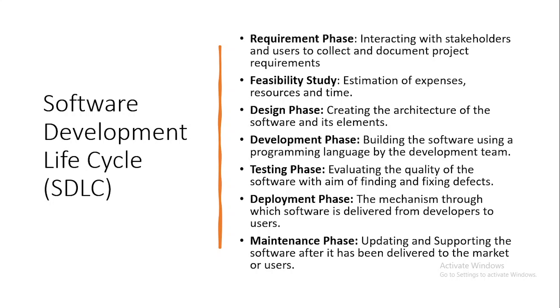The fourth one is the development phase. In this phase, the developers actually start programming and writing the code for the software. Based on the design architecture, the development team can divide the design into two categories: high level design and low level design.